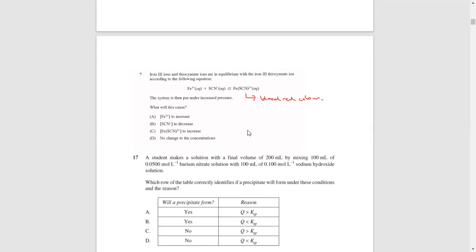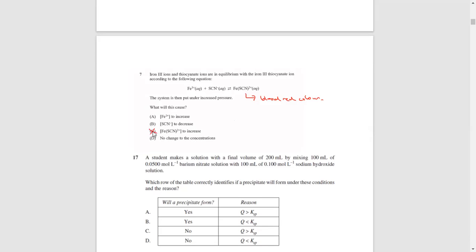For people who haven't given me the answer, can you just quickly type one? Okay, so it seems the popular answer here is C. The popular school of thought is probably, hey, we've got a total of 2 on the left and one on the right, so increased pressure pushes to less moles, to the right. And I imagine that's why many people are choosing C right now. But that is unfortunately not the right answer.